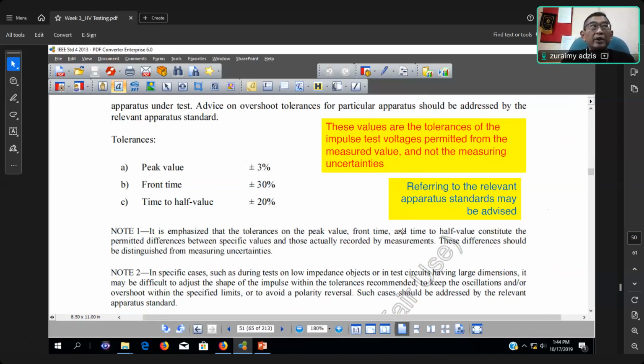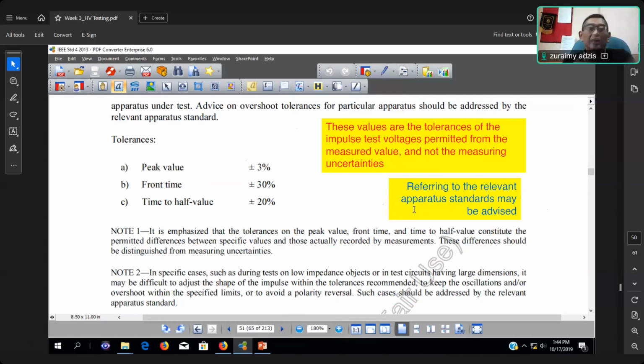So therefore, you need to test them with lightning impulse voltage and switching impulse voltage, and there has to be a standard that explains lightning impulse voltage testing on a transformer.